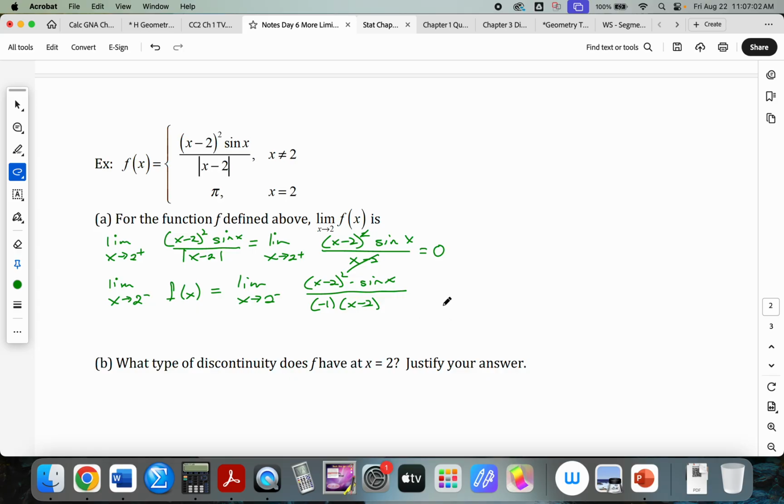But to show your work, it matters a great deal. This also ends up being 0. So the limit as x approaches 2 of f of x is equal to 0. So what type of discontinuity is this? Pardon? Yeah, it's removable.